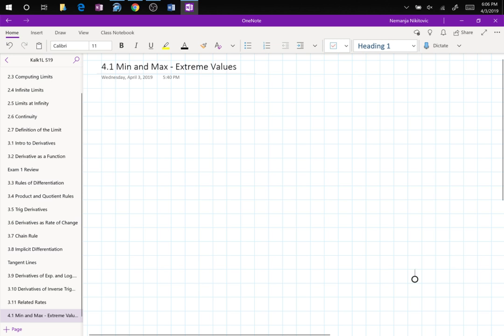So min max, called extreme value. Chapter 4 is on application of derivatives. Yes, we did have a word problem 3.11. I always argue 3.11 should be in this chapter because it's all about application of derivatives.